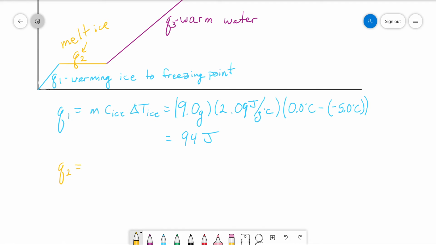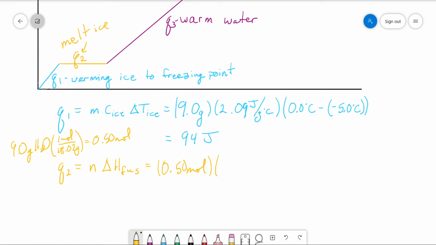Now, because there's no temperature change at this point, we need n times delta H of fusion. n is 0.50 moles. Where did that come from? We have 9.0 grams of H2O and 1 mole per 18.02 grams, which gives us 0.50 moles.